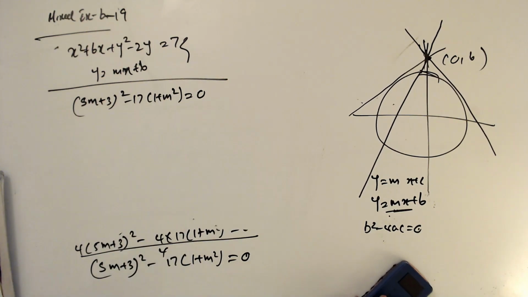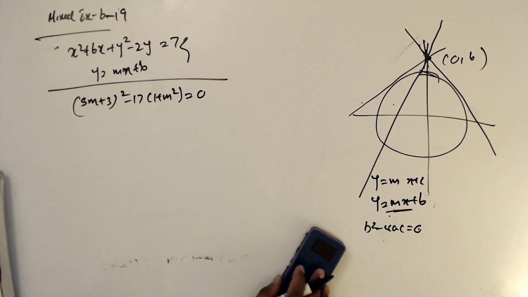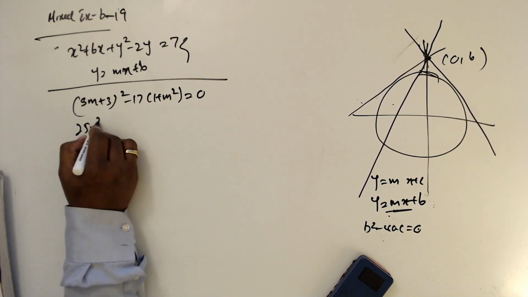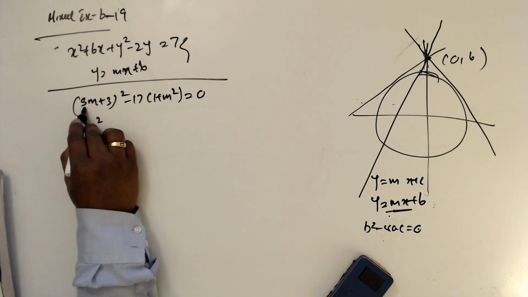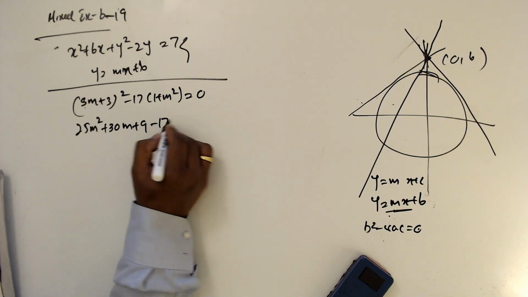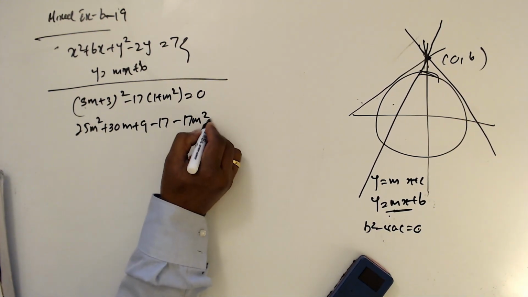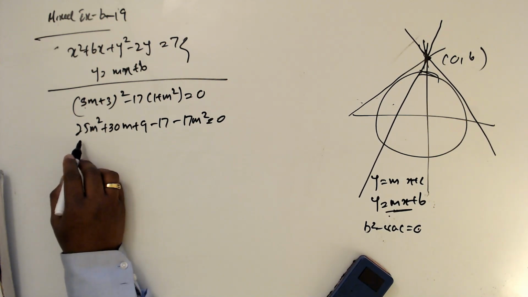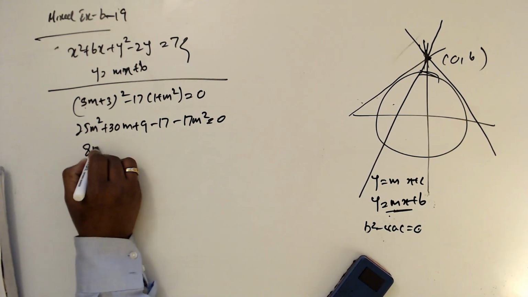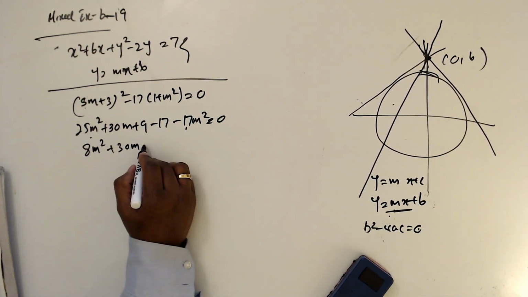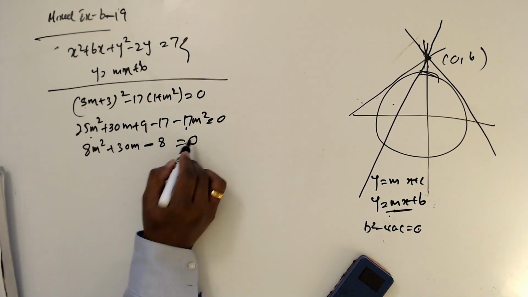I wrote here this one. Then this is going to be 25m square, 3 times 5, 15, double 30m, plus 9 minus 17 minus 17m square equals 0. This is going to be 8m square and 30m minus 8 equals 0.